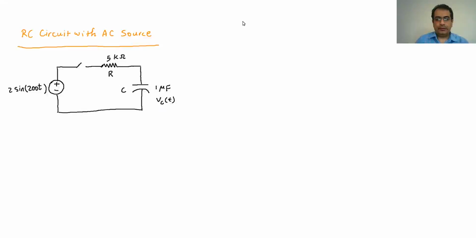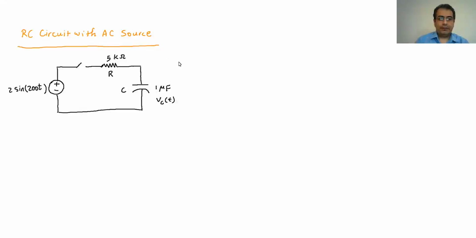Assume at t equal to 0, we will close the key. So the key is open at the beginning, and at t equal to 0, we want to close it. But before we close the key, we also know that at the very beginning the capacitor is not empty, not fully discharged.